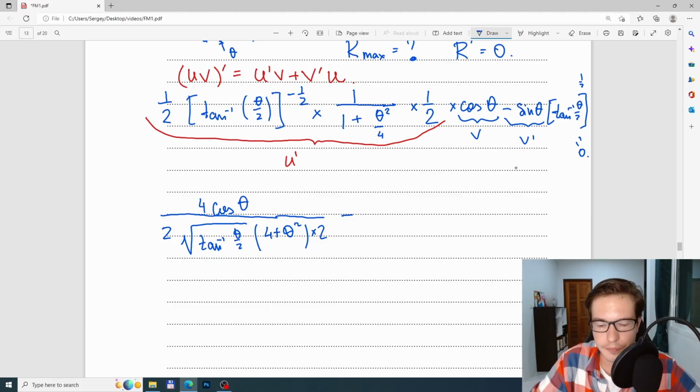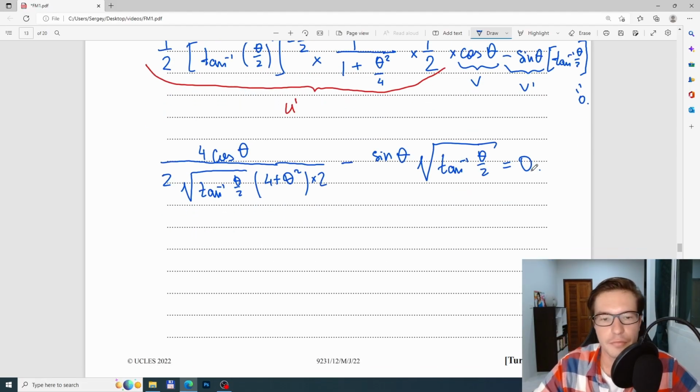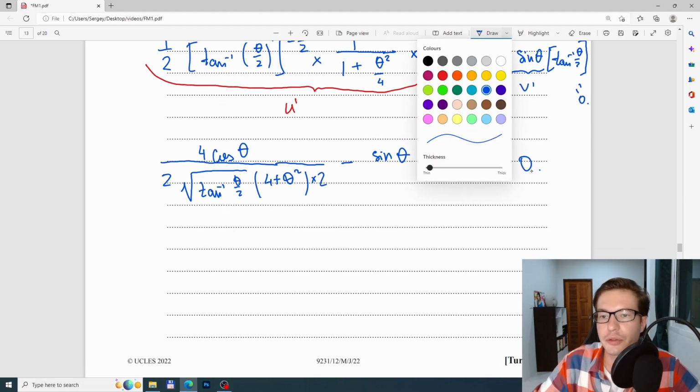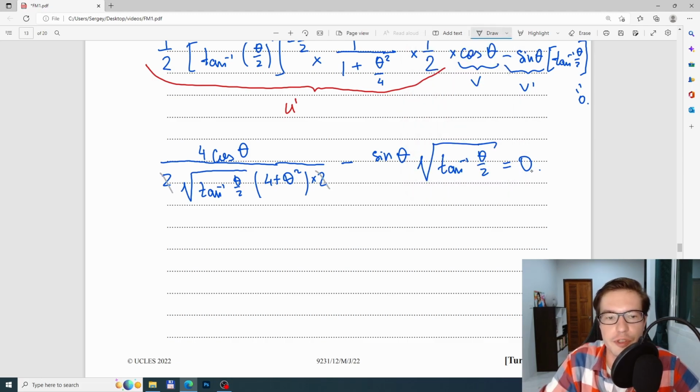Next, minus sine theta, this one is a little bit easier, times the square root of inverse tangent theta over 2, and now that equals 0. For the fraction on the left, we can also cross out: 2 times 2 is 4, 4 on top, so that also simplifies. Now let's multiply everything by the denominator.